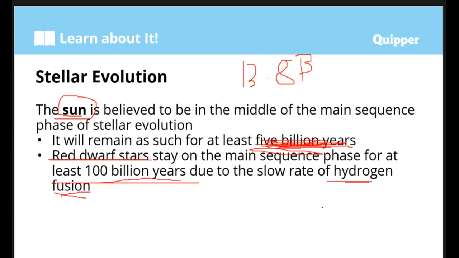Because as the star evolves, it also requires more subatomic particles. In such a case, the red dwarf stars need hydrogen to gather in order to develop.